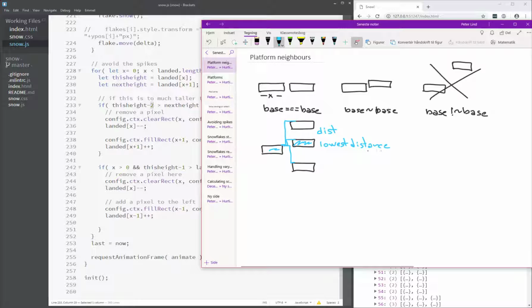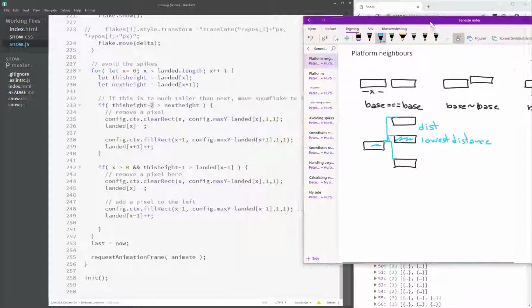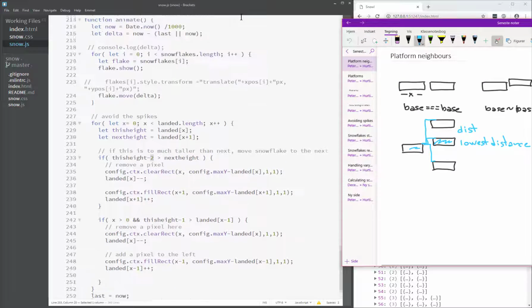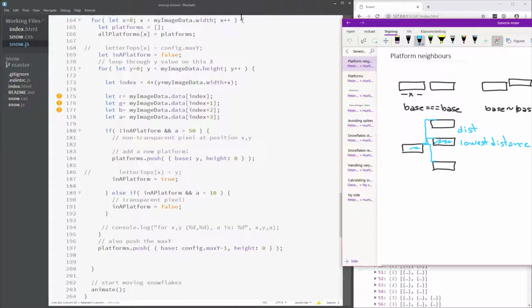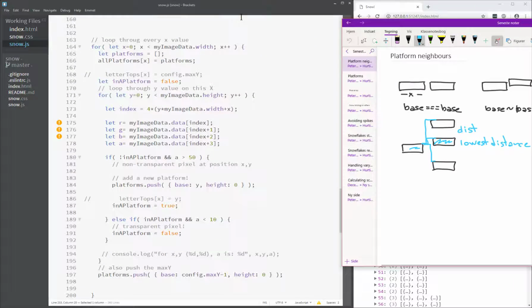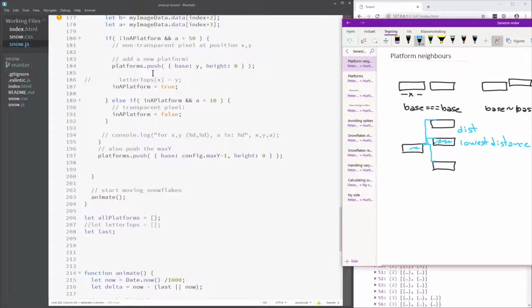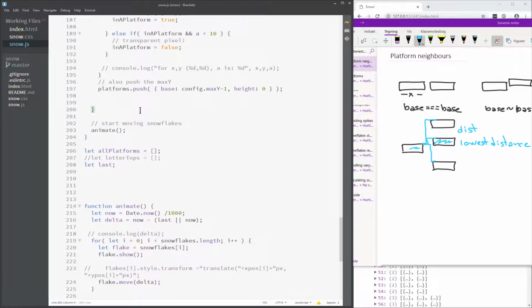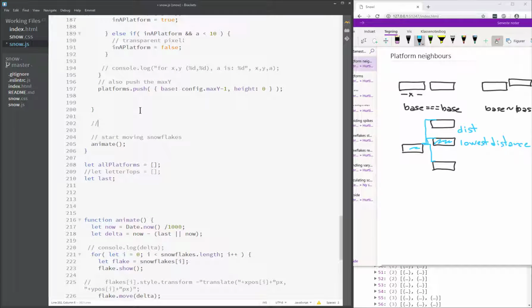Let's go and try and write the code for this. And where would I put it? Well, I need the platforms, and they are created here. So right after having created all the platforms, I would find neighboring platforms.